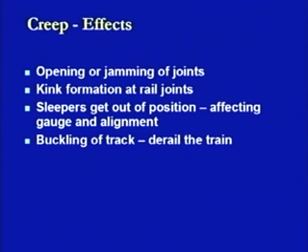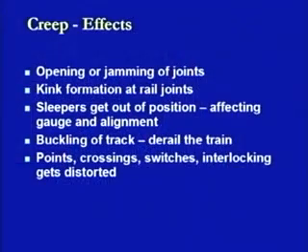When it is trying to buckle in the outward direction, it is going to affect the gauge and the alignment again. And this type of condition is more hazardous in that it may cause the derailment of the trains. So, therefore, if a very heavy creep is happening in any section and it is going to jam the joints and finally come towards the buckling stage, it is going to be a worse condition on the track.